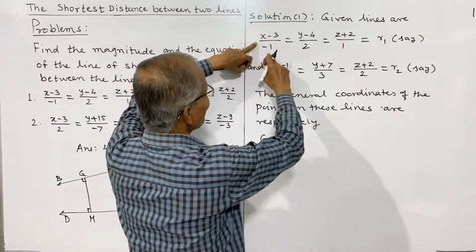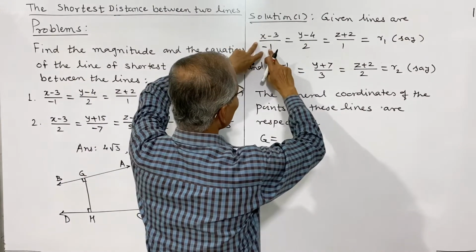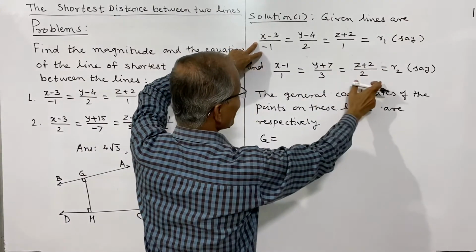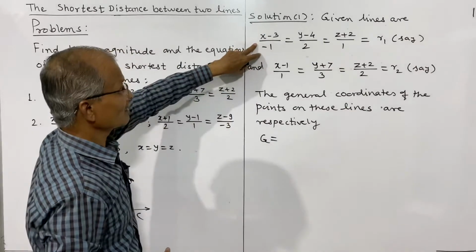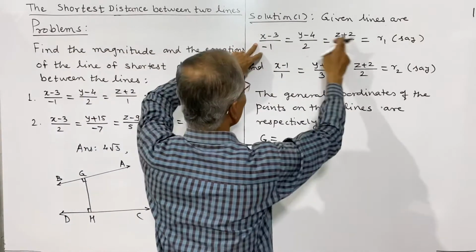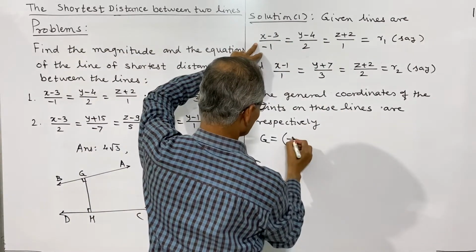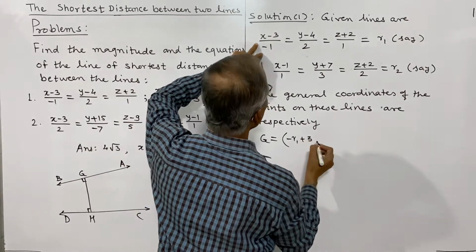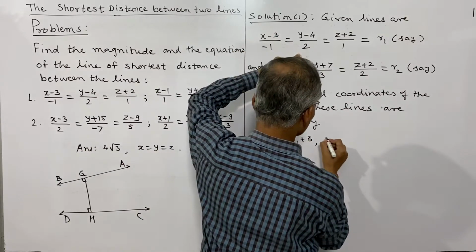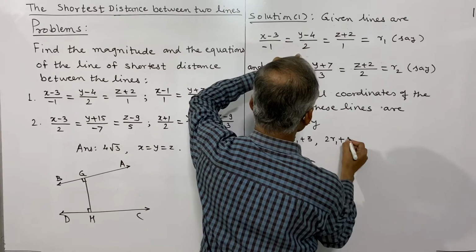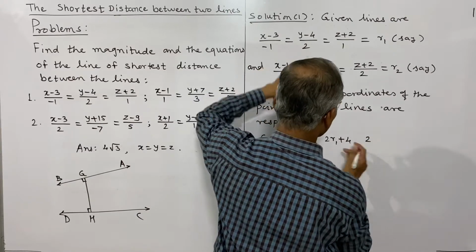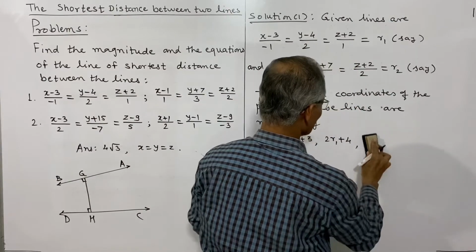We write the value of x, y, z, and for that purpose equate this to R1. This we have equated to R2, and therefore this will be minus R1 plus 3, and this is 2R1 plus 4, and next is R1 minus 2.